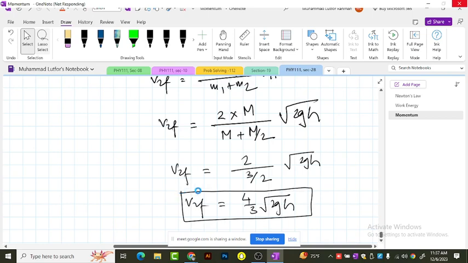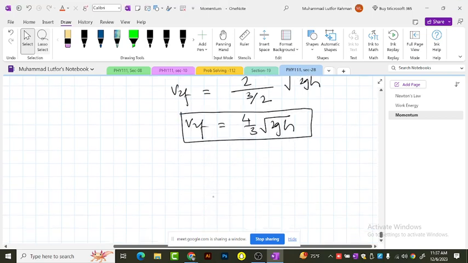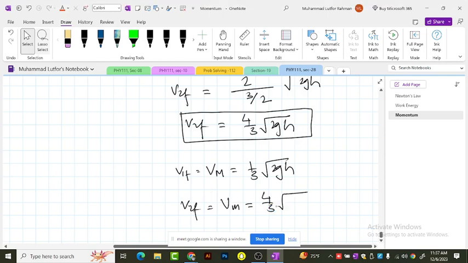And remember, this is the velocity of that second object. I can say v1f, which is simply vm, I find out is 1/3 root over 2gh, and v2f actually would be the velocity of the second object, which is 4 by 3 root over twice gh, right?